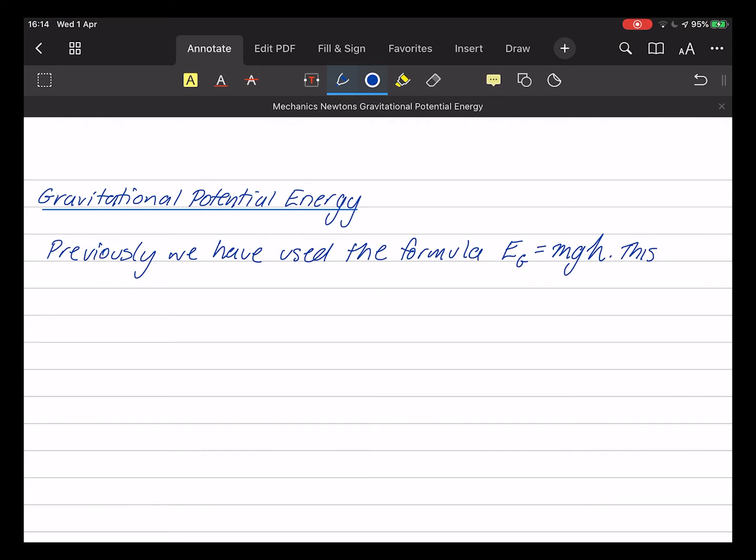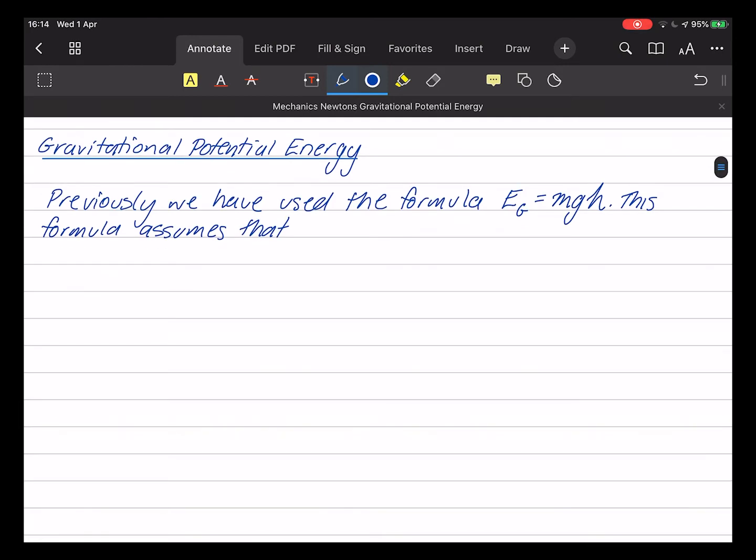So the formula assumes that gravity is linear.